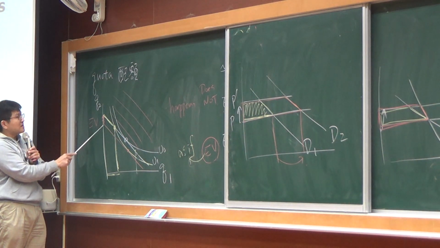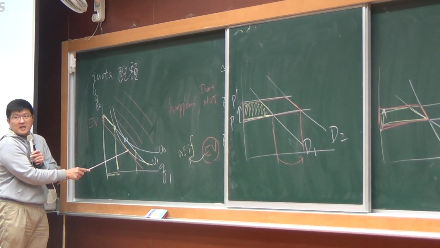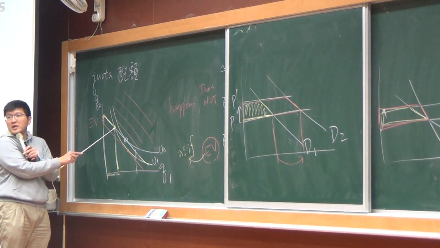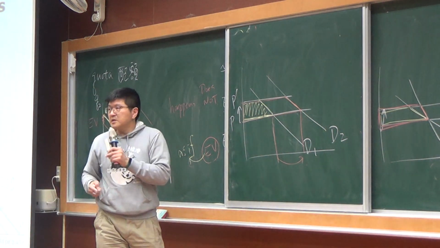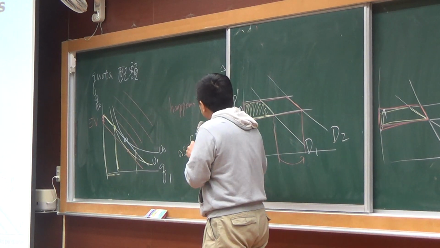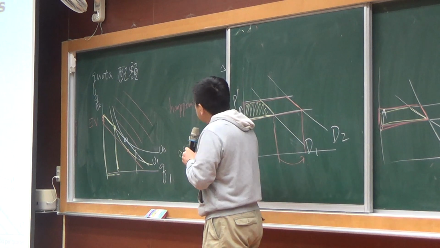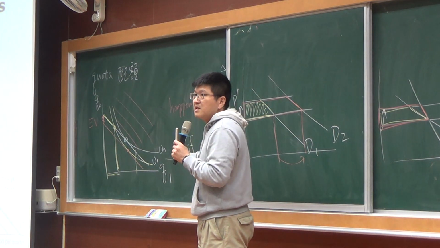After taking the money, I will be here, but it locates on the same indifference curve as this one. So the government doesn't implement the policy, but makes me feel as if the policy happened. Okay?